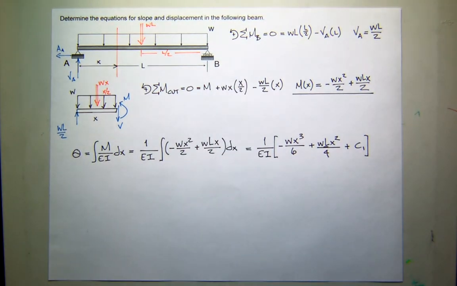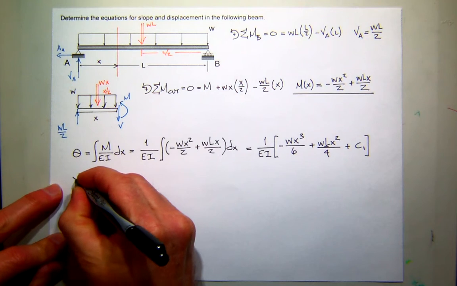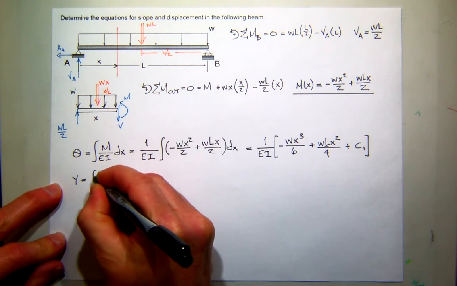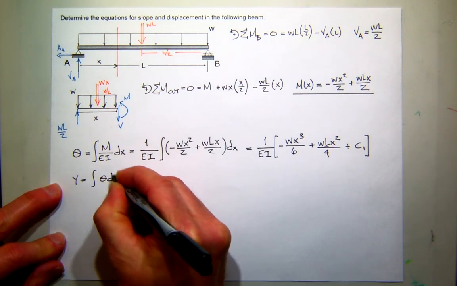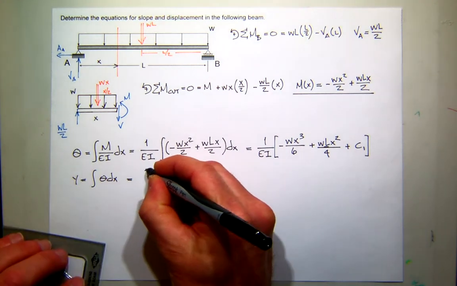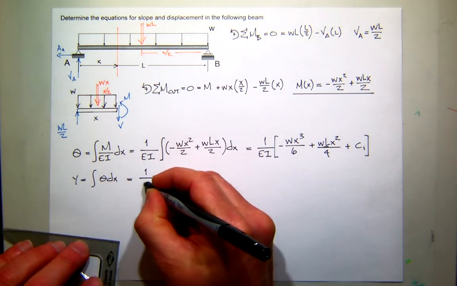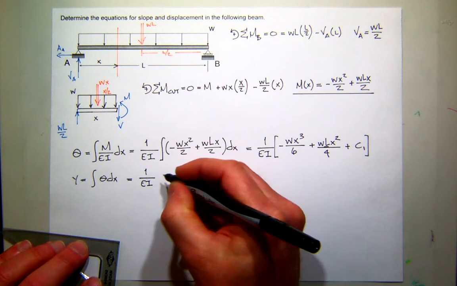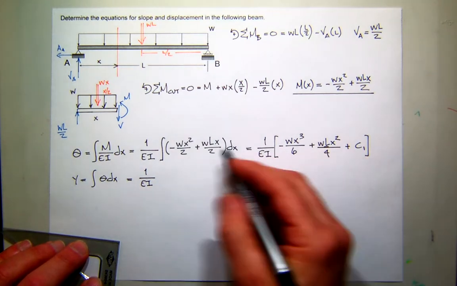So if we just leave it alone, and we come down here and we say y is equal to the integral of slope, then what do we get? Well, we still get 1 over EI. And I'm going to integrate this.